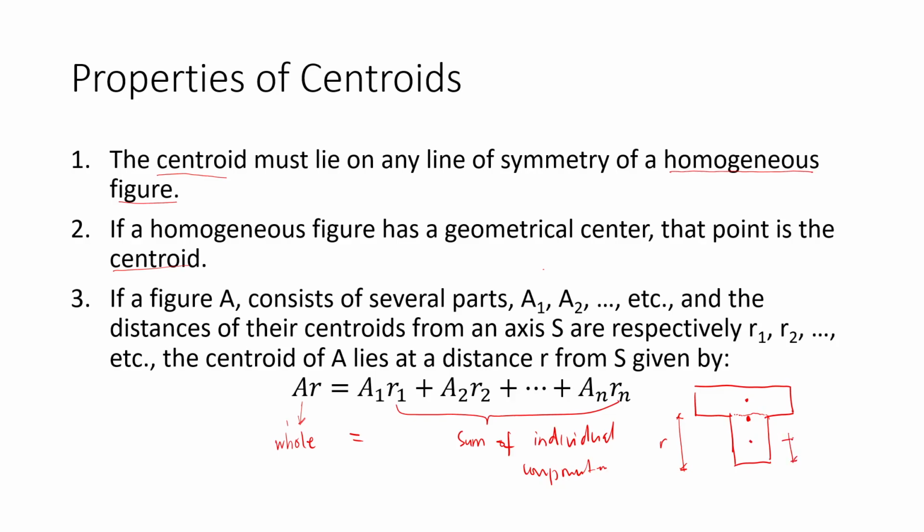So you're going to have it as R1, then this one is R2. So area 1 and then area 2. And of course, the whole area of the T-beam will represent the big letter A. So again, as you can see, it's just the whole equal to the sum of the individual components.